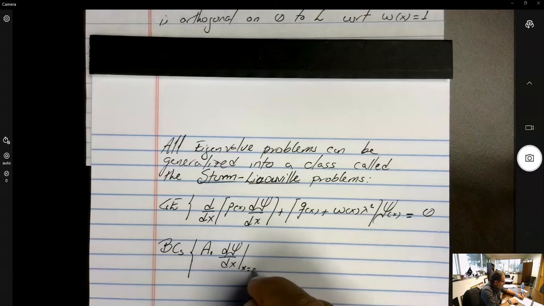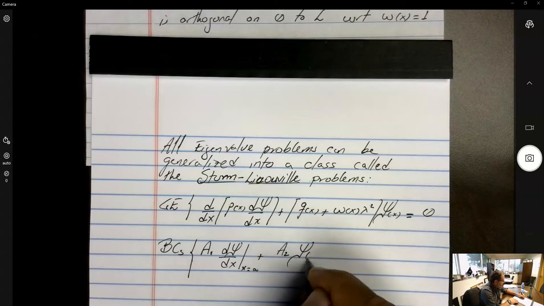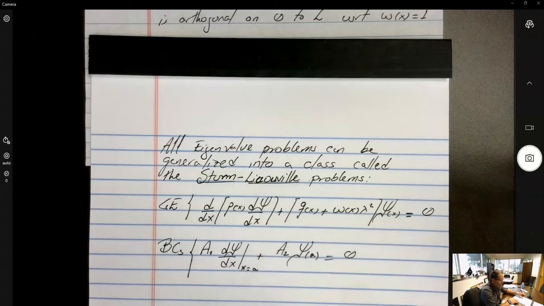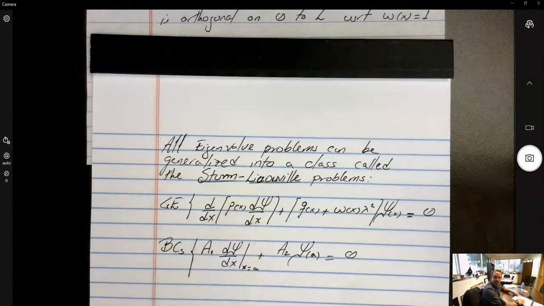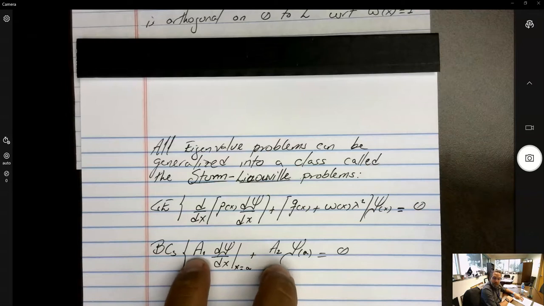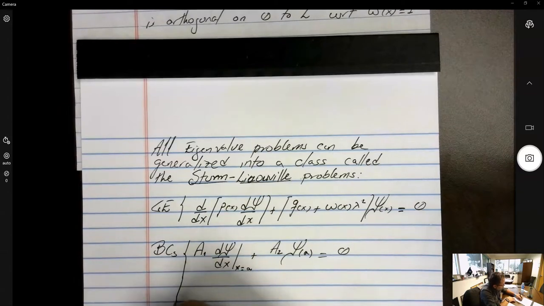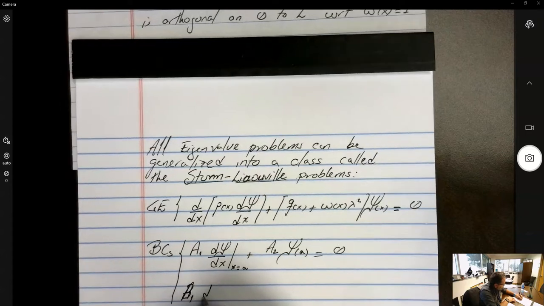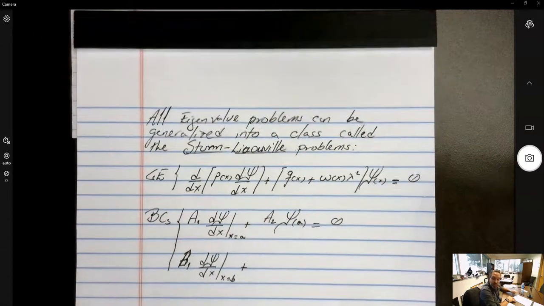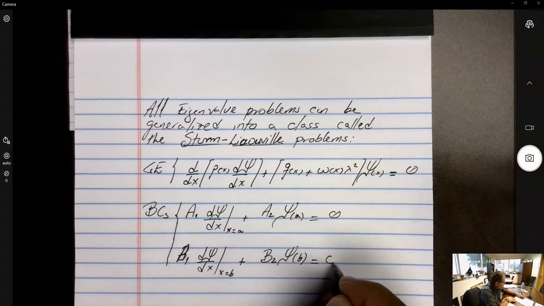So at x equal a, it doesn't have to be 0. You can have this combination of either first kind, second kind, or third kind if both a1 and a2 are different than 0. And it has to be homogeneous, it has to equate to 0. And also, I'm going to call it b1, dψ/dx at x equal b at the other side of the domain, plus b2 ψ of b must also be equal to 0.